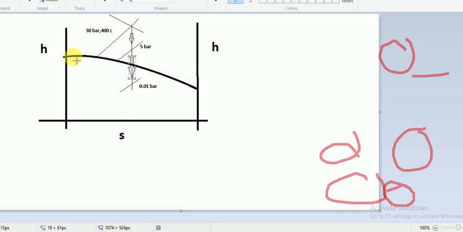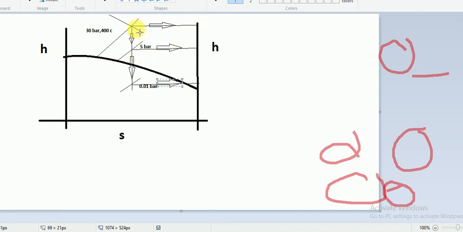We follow the line of 30 bar and 400 degrees Celsius. The point at which the 30 bar line meets the 400 degrees Celsius line is point 5, and we note down the value of enthalpy. This is H5.